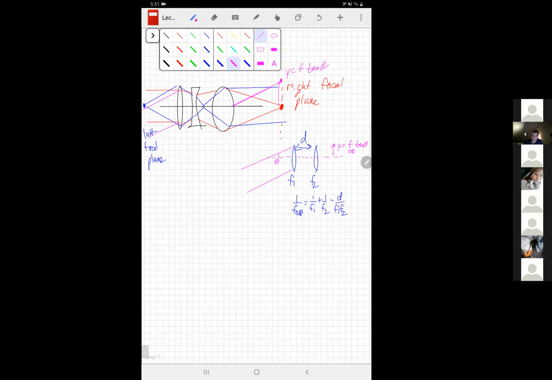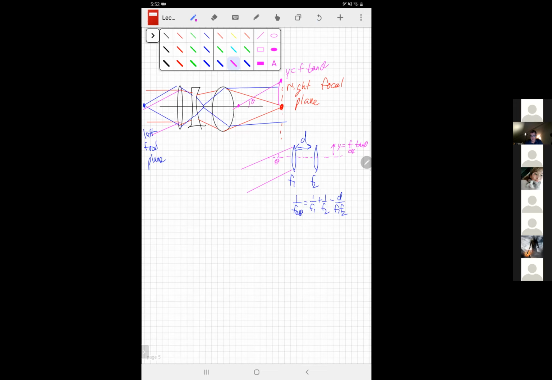And I should probably undo that drawing, because there's no guarantee that it went through the center of that lens. But there's going to be some ray that just happened to make it there, going parallel to the optic axis, going in the same direction, parallel to its original direction, right?